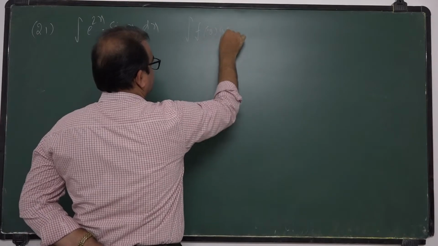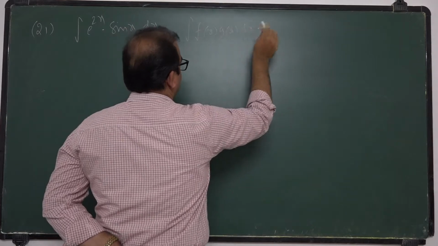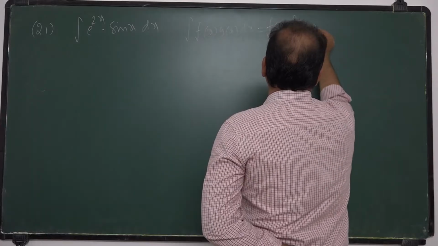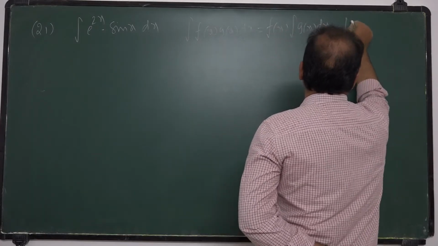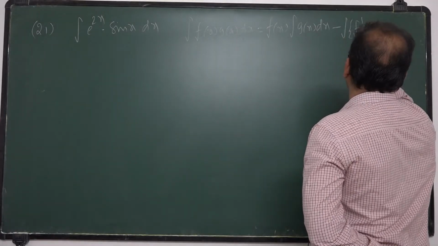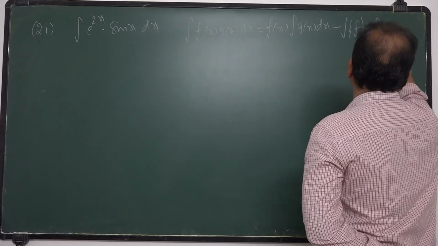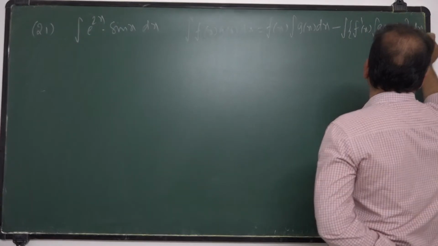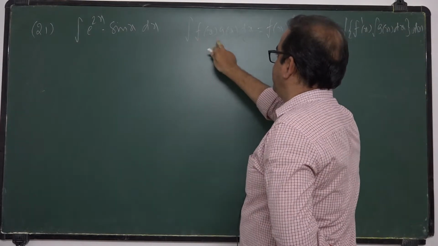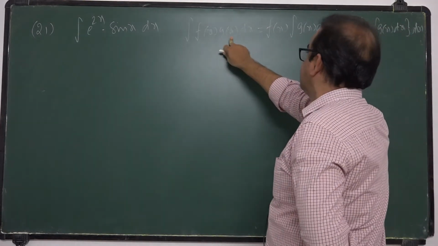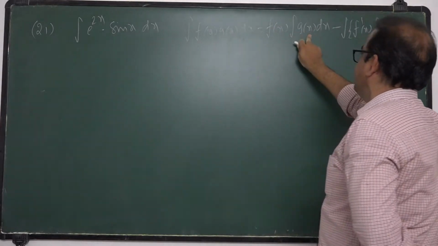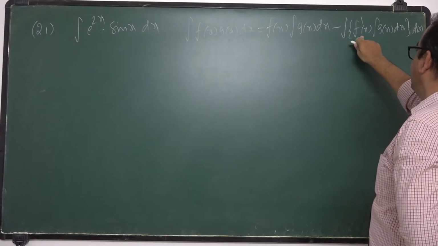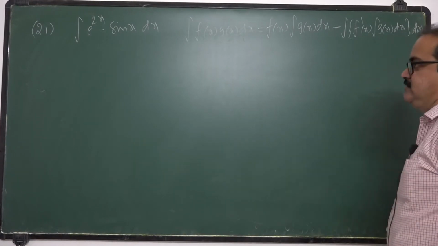Integral f of x into g of x into dx is equal to: the integral of the product of two functions f of x and g of x is first function into integral of second function, minus integral of derivative of first function into integral of second function.